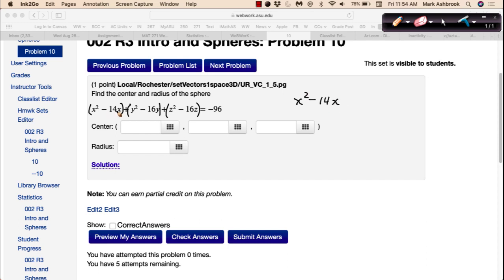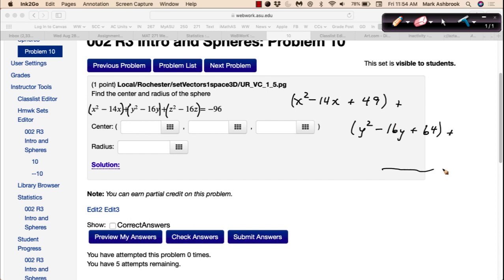Half of -14 is -7, squared is 49. Similarly, you'd have y squared minus 16y plus half of 16 is 8, squared is 64. Does that make sense, what I'm doing here?